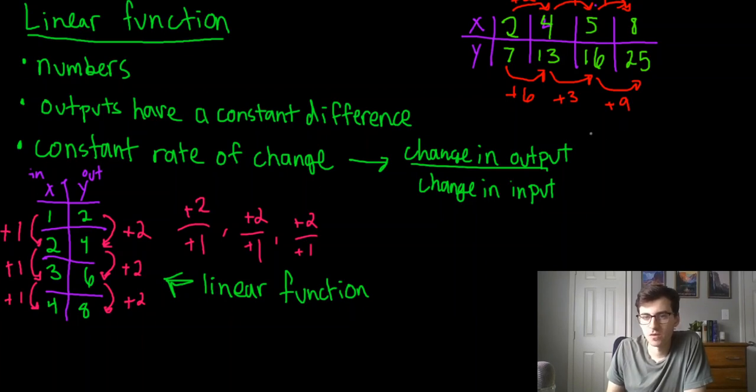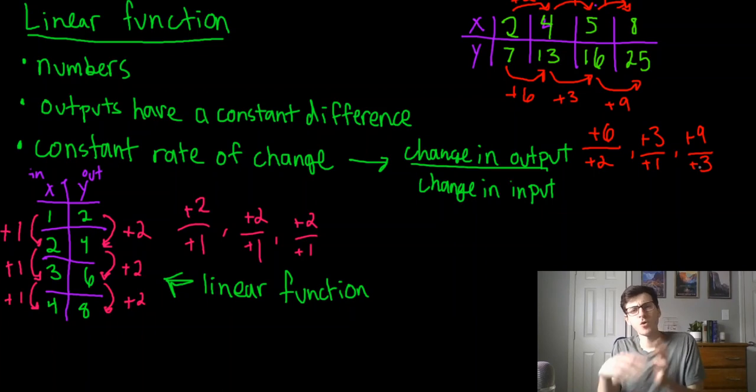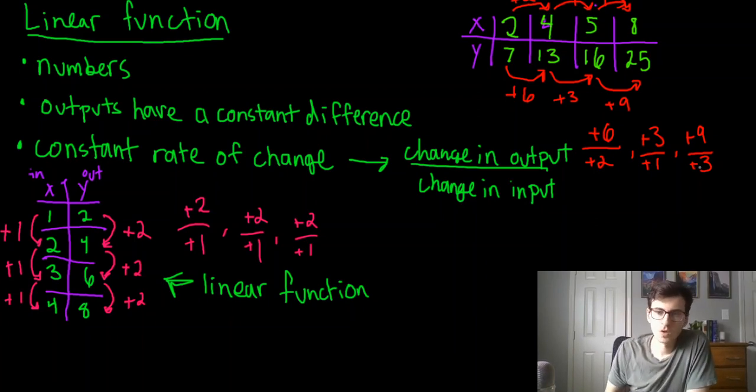I have +6 over +2, +3 over +1, and +9 over +3. Now, are those all the same? If by the same you meant do they have all the same numbers, then no. But are they the same value? That's the question I'm asking right now.